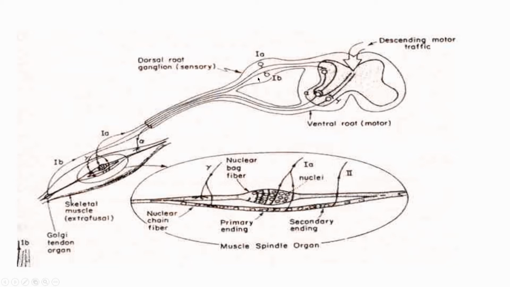This we have seen in the last class. Okay. And then from the brain cortex there is a descending motor traffic which is coming over here, but this is the alpha motor neuron over here. This is monosynaptic, this is polysynaptic, this is a gamma motor neuron. This is a ventral root, there is a dorsal root. Okay. Is this picture clear? Right. We will move on to the next one.